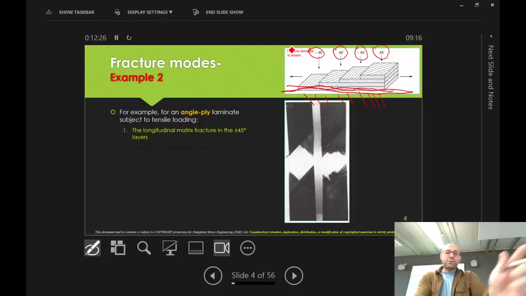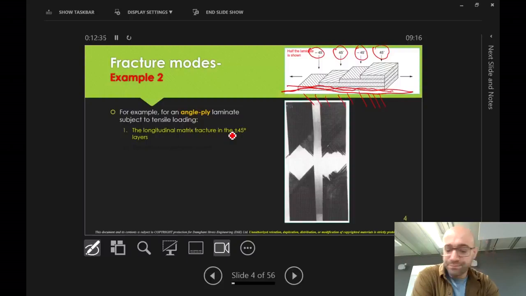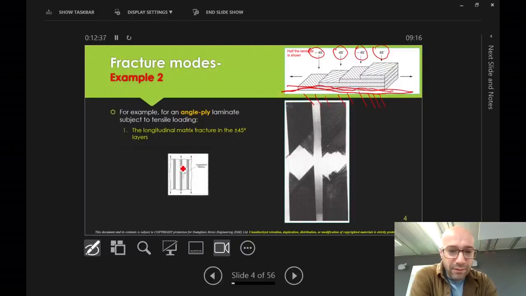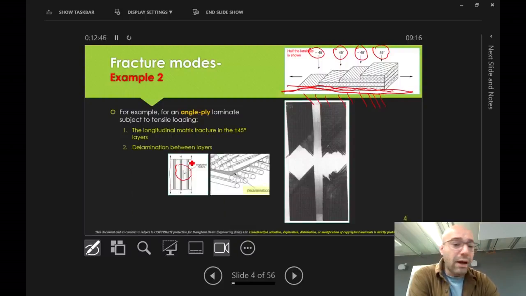The first failure mode that we often see with these kinds of stacking sequences is the longitudinal matrix fracture in the 45-degree ply, as you see here. We do get delamination between layers of 45s. How many failure modes? Usually 2 out of 5.